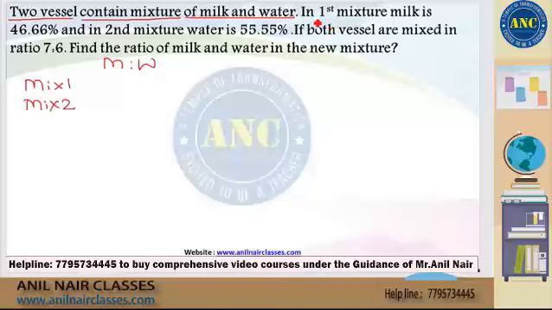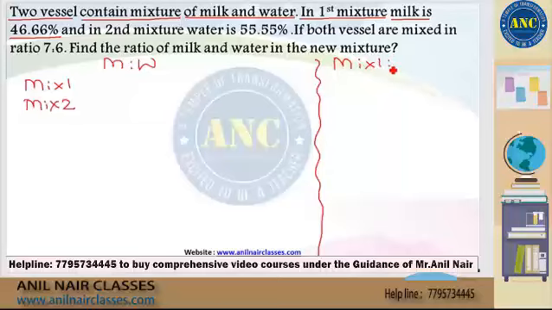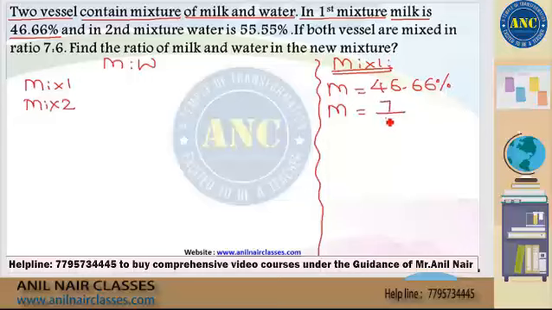In the first mixture, milk is 46.66 percentage. I told you some time before that this is 7 by 15. What is the meaning of 7 by 15? The denominator always represents the total value.